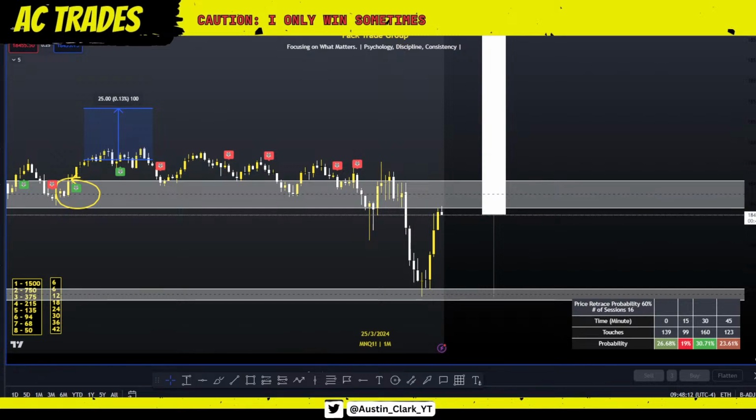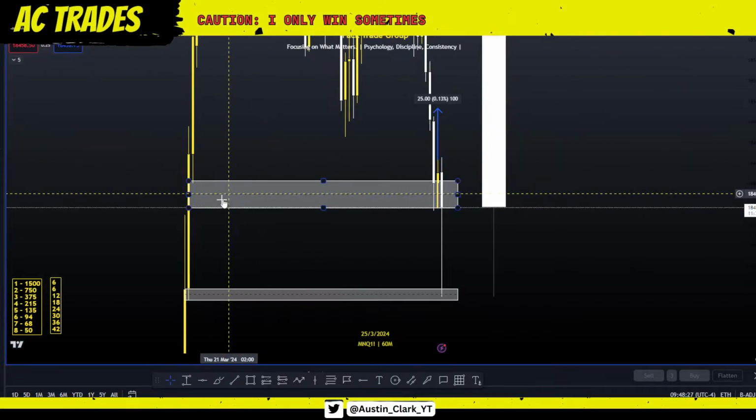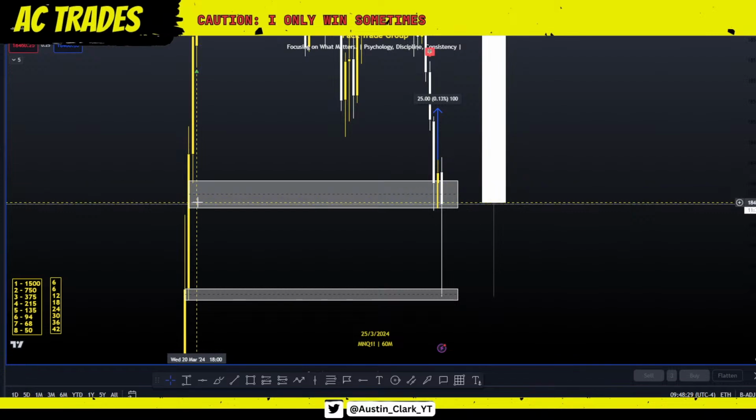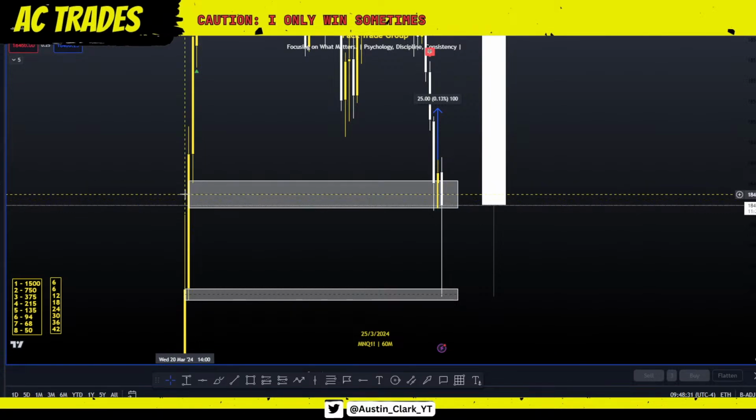Okay, gotcha. I was asking because I have a different indicator up that has an inversion fair value gap, because you drew that. Oh, no. I didn't draw this because of a fair value gap.